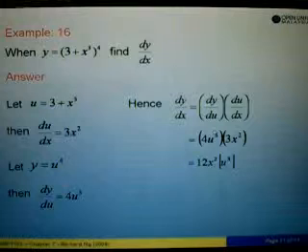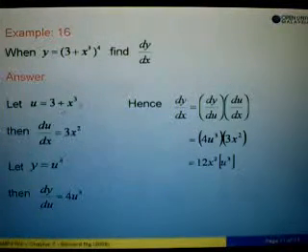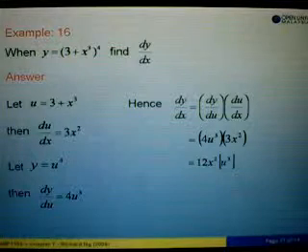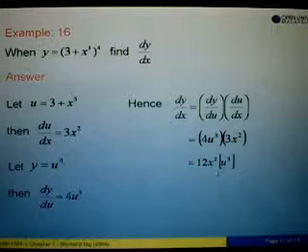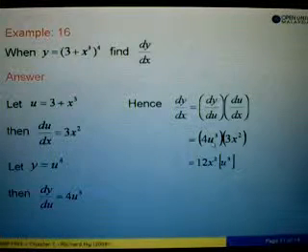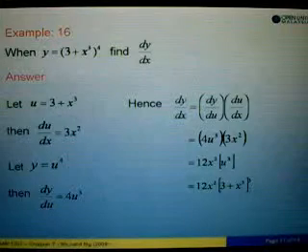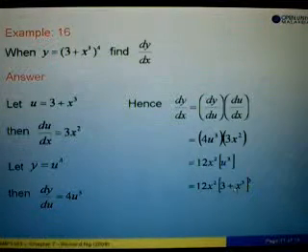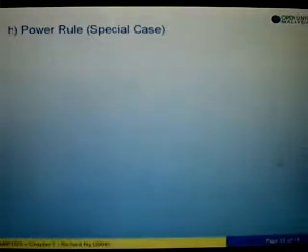Alright, and then this u we substitute with 3 plus x to the power of 3 afterwards. Okay, so first is 4 times 3x squared will give us 12x squared, remainder u to the power of 3. So u we substitute with 3 plus x to the power of 3 here again. Alright, bracket to the power of 3. Alright, so that will be the answer.